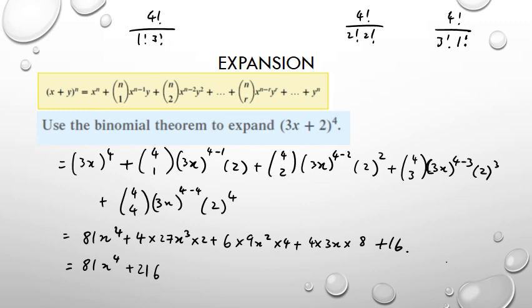Sorry, I didn't bring a calculator. Yeah, it's 216 x cubed plus 36 times 6, 216 again. 12 times 8 is 96. And there you go.